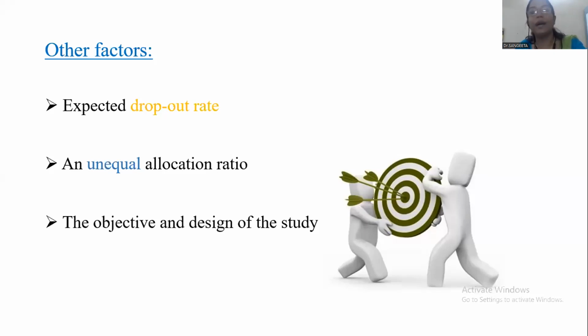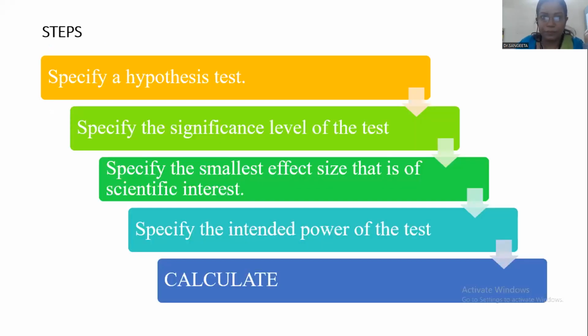That is, you have to add these extra dropout percentages in your sample size calculation. You should also consider, if it is a 2-group study or more than 2-group study, what is the ratio of allocation of subjects in each group. If there is an unequal ratio, then obviously it will affect your sample size calculation. Okay, and next is the object.